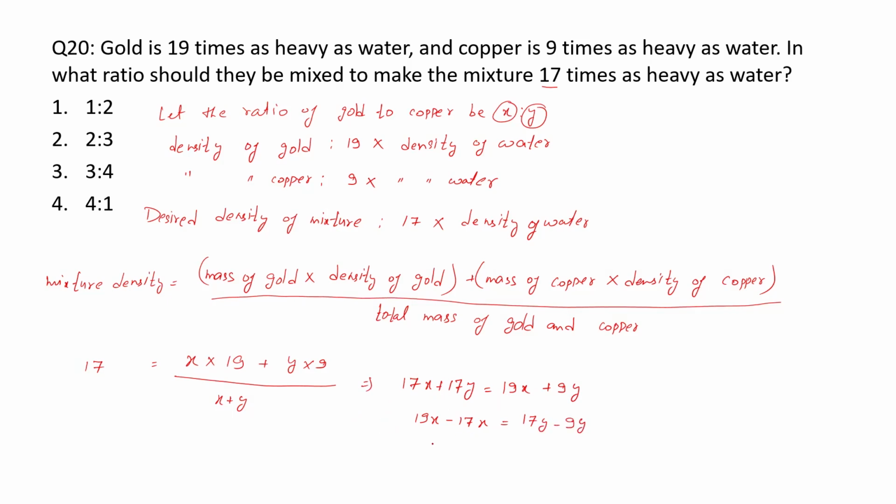So it will give you 2x is equal to 8y, right? So from here you will have x upon y is equal to 8 upon 2, which is 4 is to 1. So x is to y is equal to 4 is to 1. So option 4 is correct.